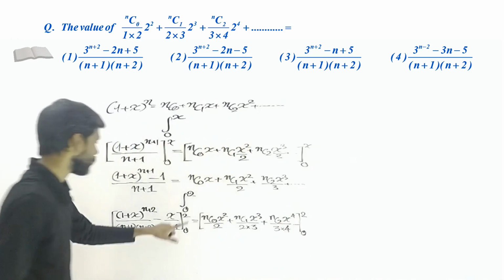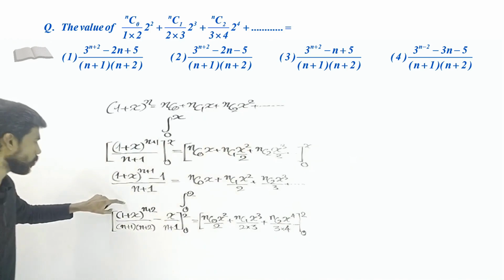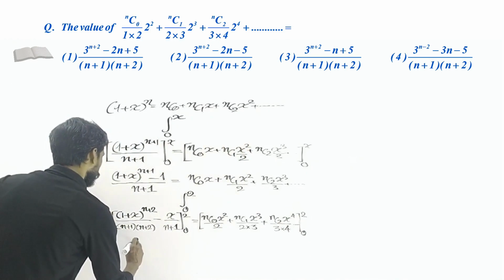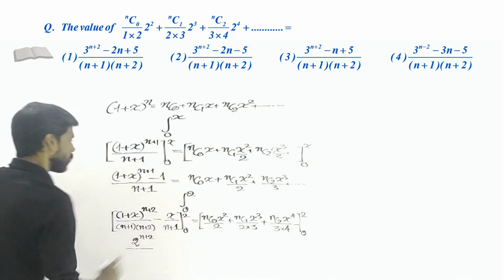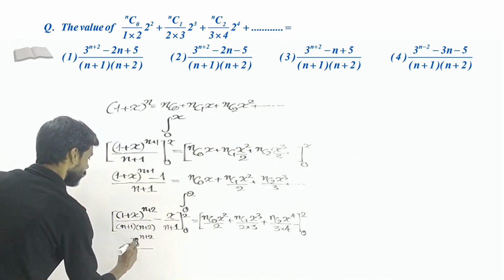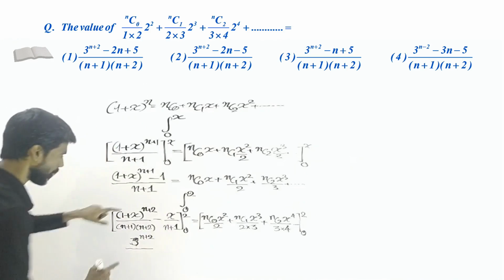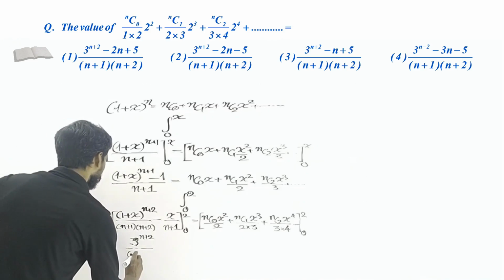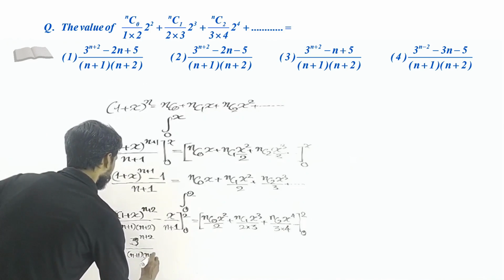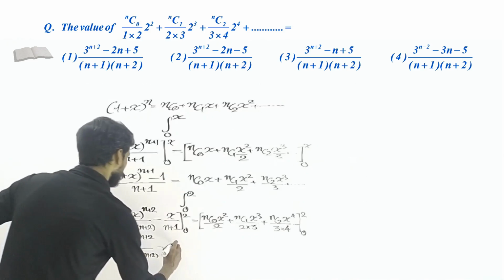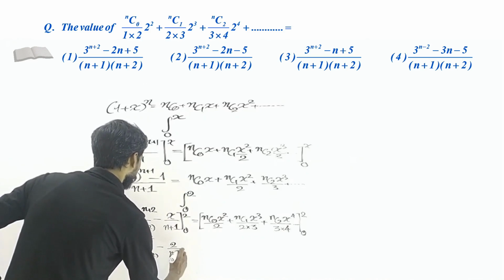Let us substitute the limit. So substitute 2 here. If we substitute 2, we'll get 3 to the power n plus 2 divided by n plus 1, n plus 2, minus x is 2, so 2 divided by n plus 1.